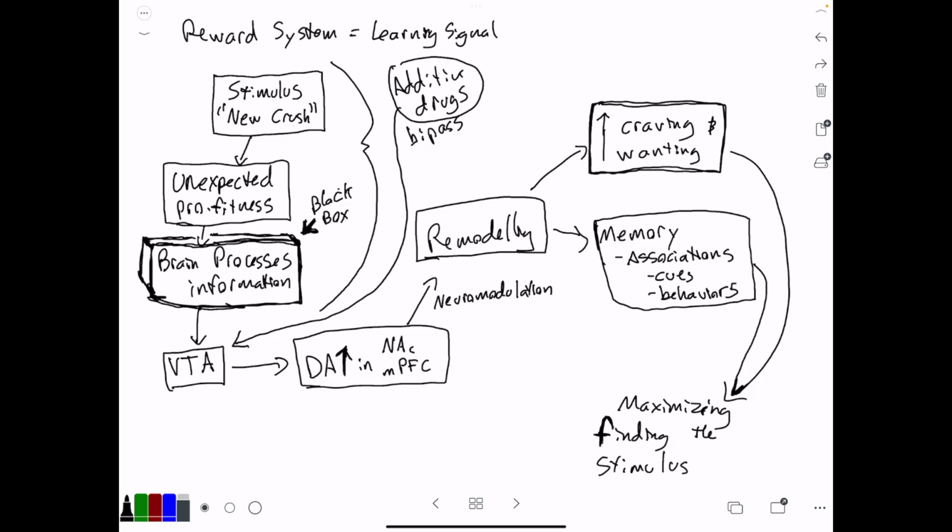We don't need dopamine surging anymore because we figured it out. We don't need to keep remodeling the brain to increase craving. We don't need to keep remodeling the brain to enhance our memory, to maximize finding the stimulus, because we've done it. We figured it out. We know it's good. We know how to get it.